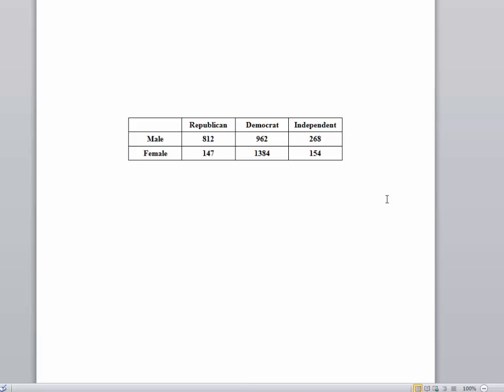So for example, if we're doing a test for independence between gender and political affiliation, we've got our data table right here. It has 2 rows and 3 columns.